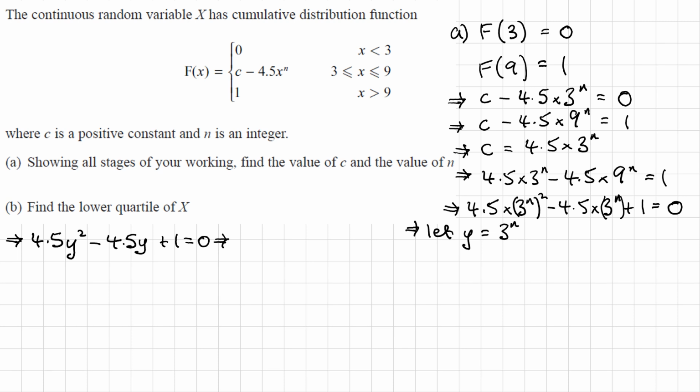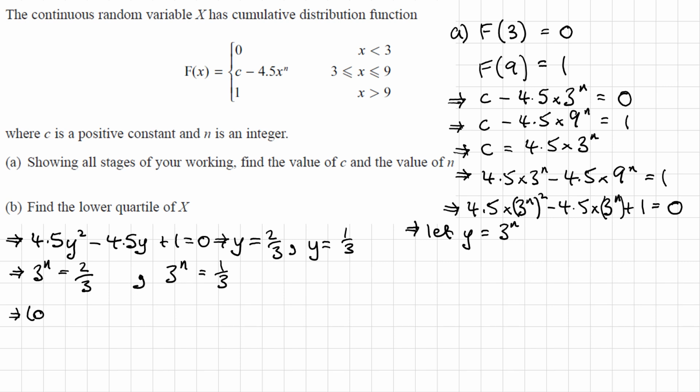I'll solve for y. So y is 2/3, or y is 1/3. Remember, that's what 3 to the power n is. So I've now got 3 to the power n is 2/3, and I've also got 3 to the power n is 1/3. So we can solve these by using logs.